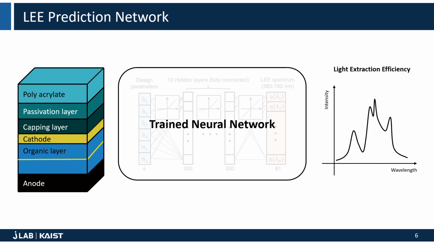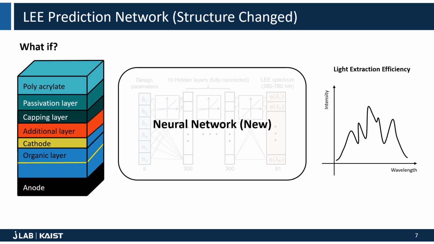Once trained, the network can predict the LEE spectrum for any combination of layer thickness at the microsecond level. However, we need to note that generating the training data set is the most time-consuming part of this process.